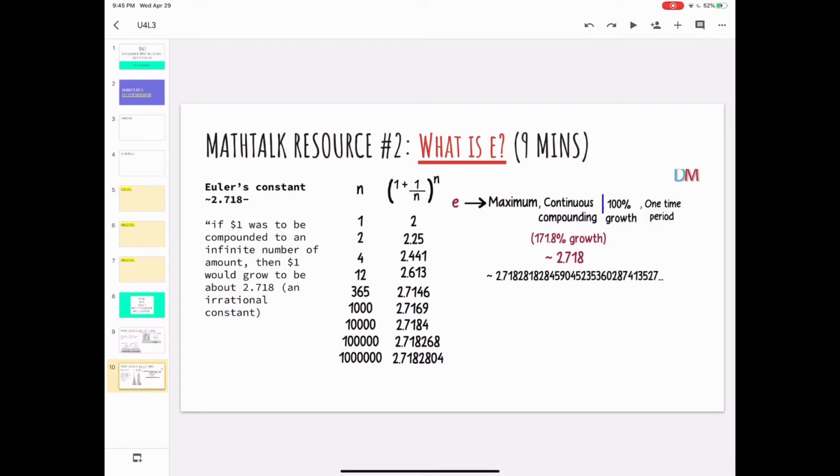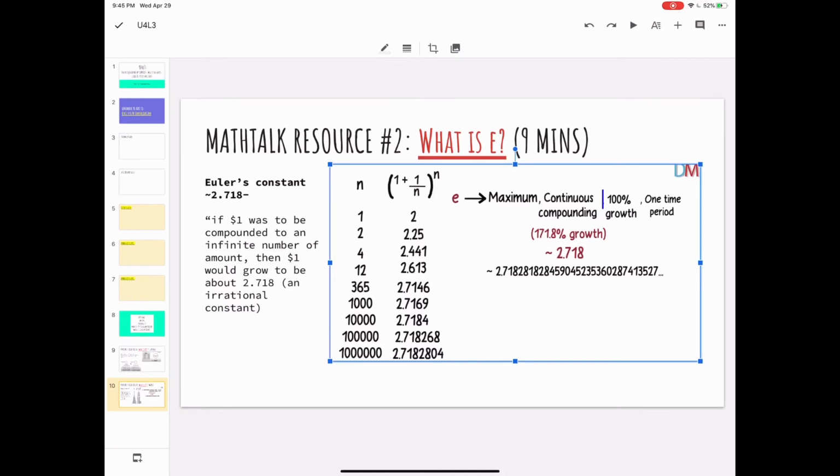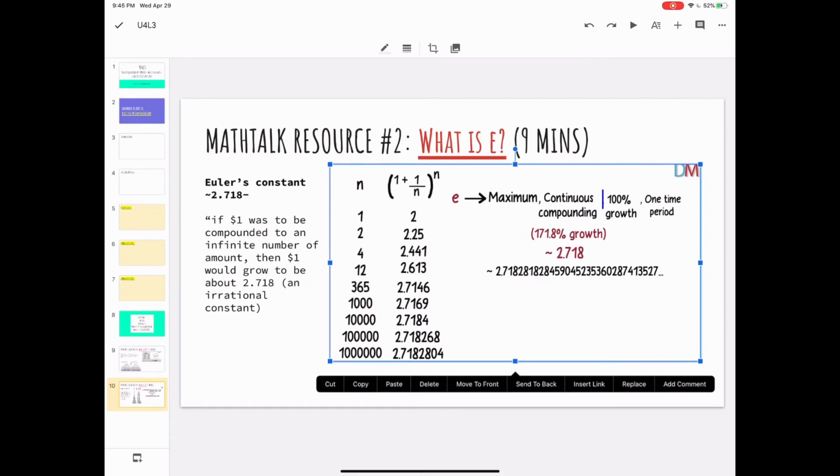And the way the video explains it is, if I had $1 and I put it in the bank, and it was compounding based on this formula, what you get is that if we assume that it's compounding, meaning it keeps being added by interest, and not for 1 year, not semi-annually representing the 2, not quarterly, or monthly, or daily, but let's say you go to an infinite number of amounts.